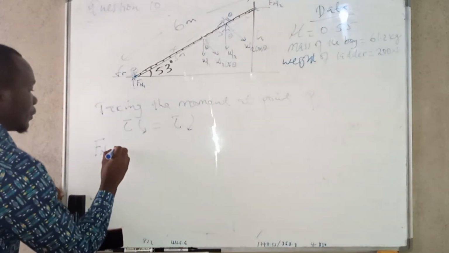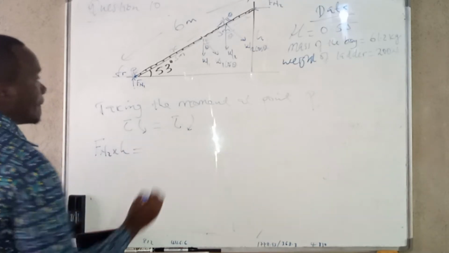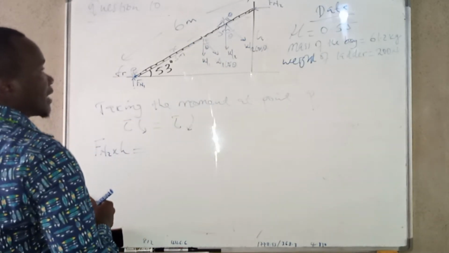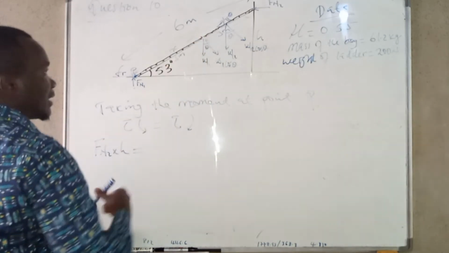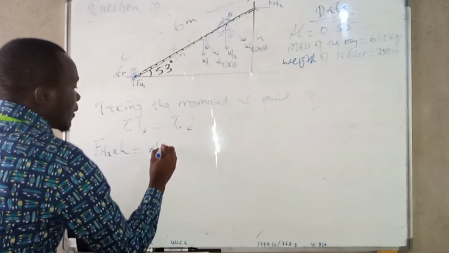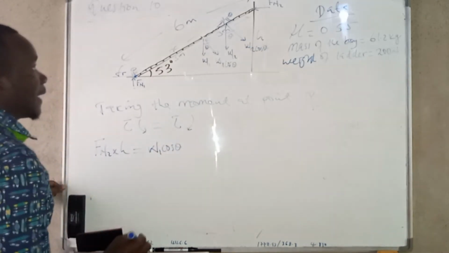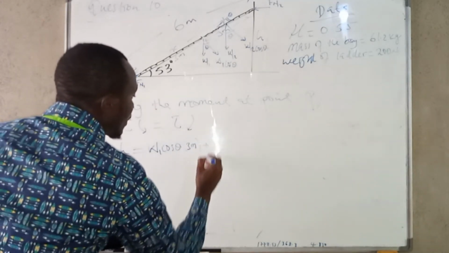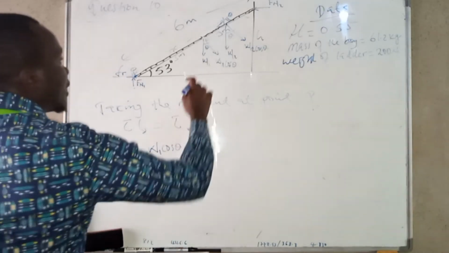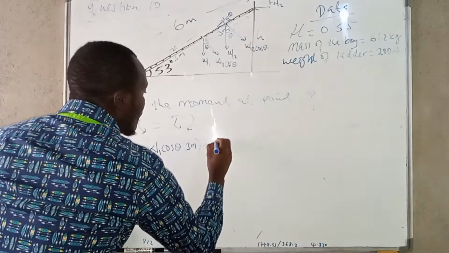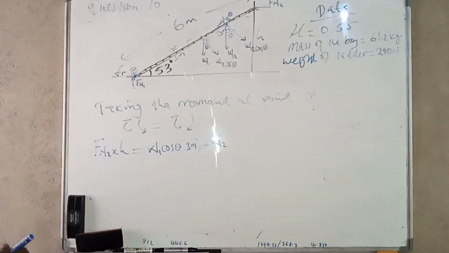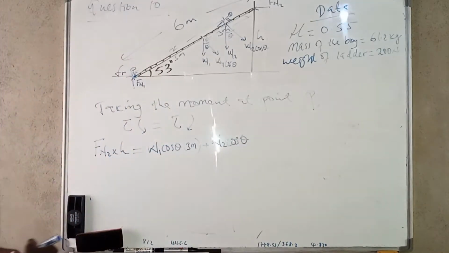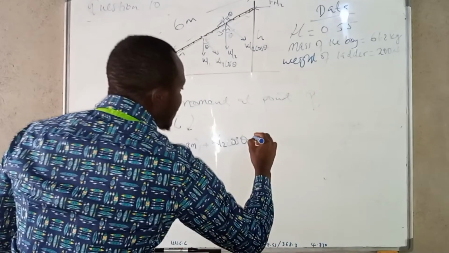So Fn2 times h must be equal to the force that is perpendicular to this distance, which is 3 meters, weight 1 cos theta times 3 meters, plus weight 2 cos theta, then the distance here is x.